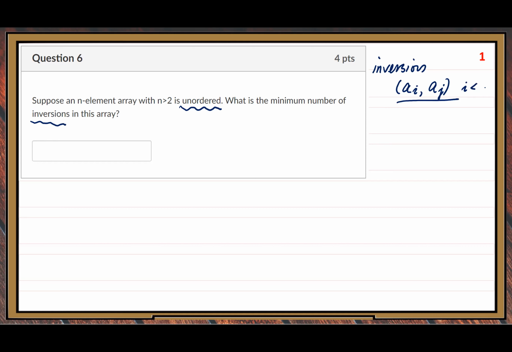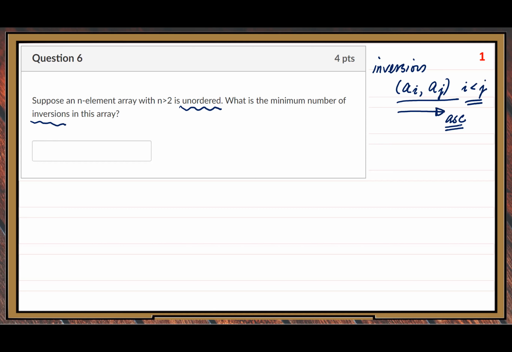That means the subscript i should be less than the subscript j in their natural order. Then, when we look at the values, they should also be in ascending order.